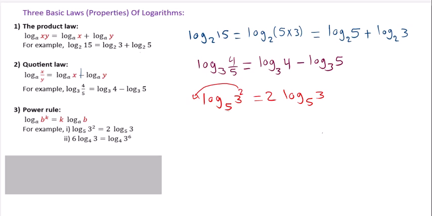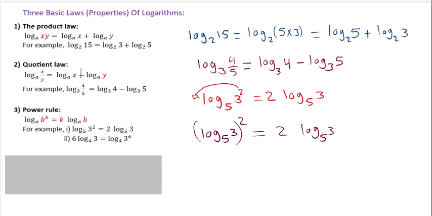We have something we need to pay attention to. For example, what about log to base 5 of 3, all to the power 2? Can it be written as 2 log base 5 of 3?